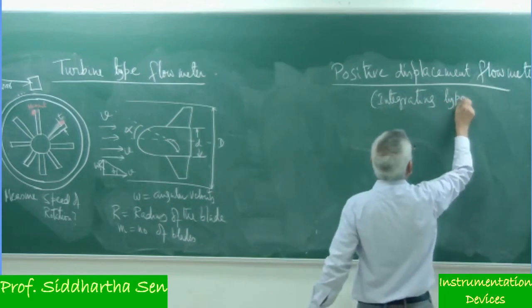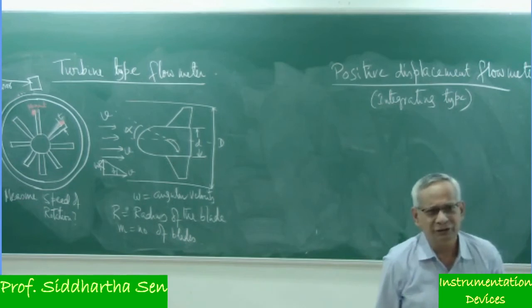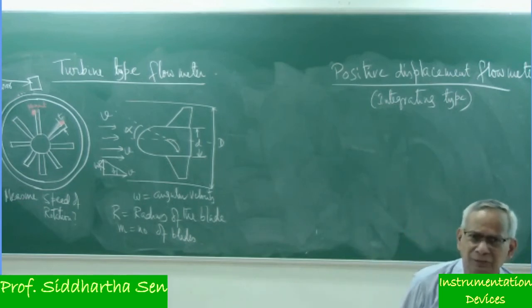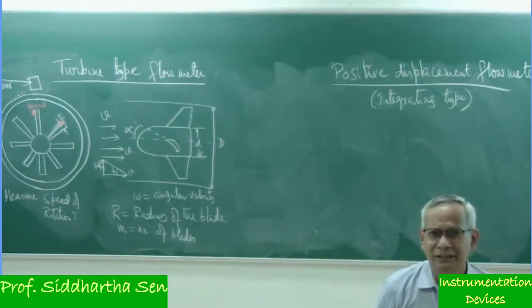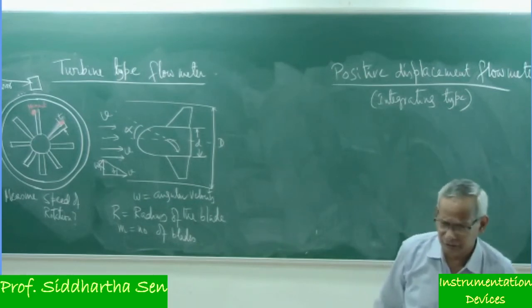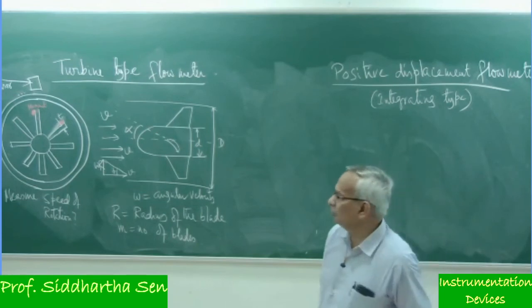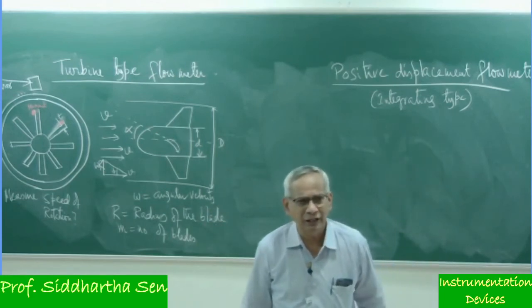As we have mentioned earlier, the wattmeter is an indicating instrument. It measures instantaneous power. But the energy meter is an integrating instrument that measures the total power consumed. Similarly, flow meters, this turbine type flow meter and all other things are indicating.